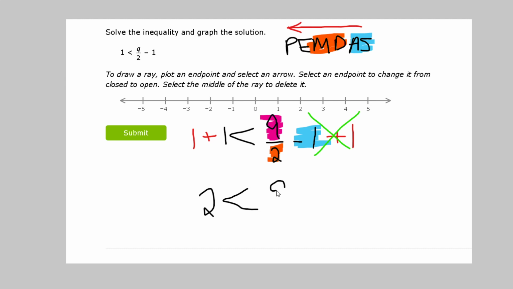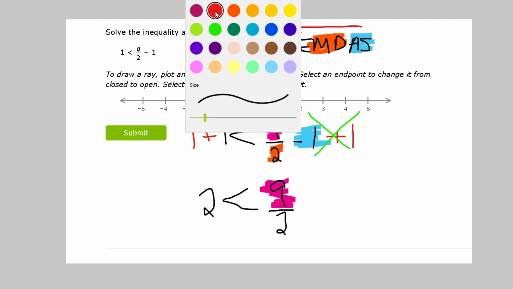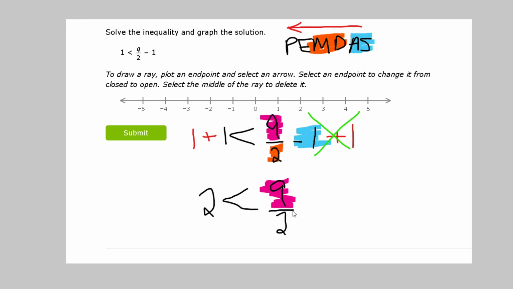And now we have q over 2 is equal to 2. So we want to get rid of this 2 down here in the denominator. Well, we're dividing by 2, right? So since we're dividing by 2, right, this bar is division, we can multiply by 2 to undo it, to cancel it out.